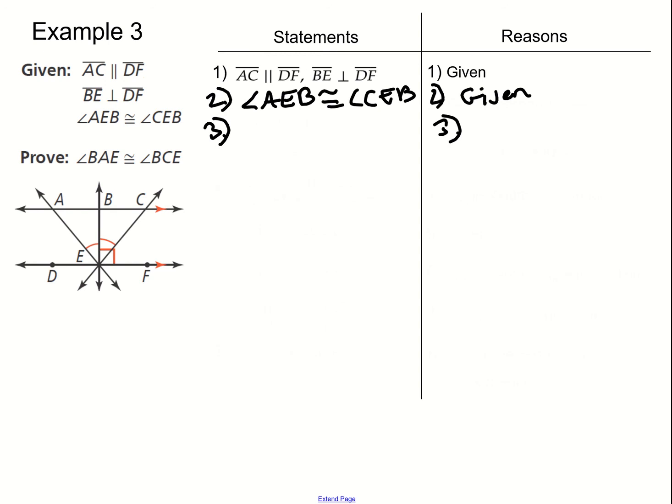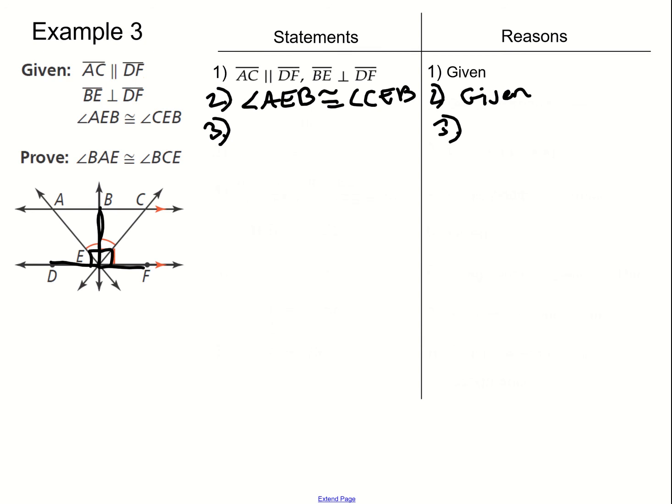Okay, so first off, because we know that BE is perpendicular to DF, that means that they form right angles. So that means that angle BED and angle BEF have to be right angles. So this is a right angle, and this is a right angle.